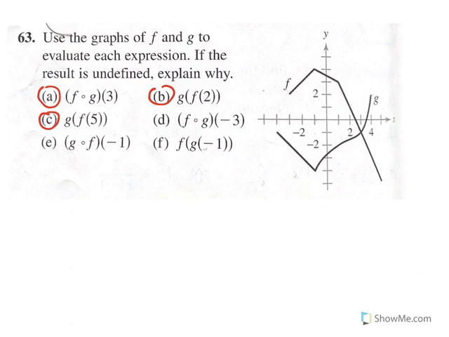For the last example for today's lesson, we'll take a look at number 63. The difference between number 63 and the problems that we've looked at already is that for the problems that we've looked at so far, algebraic rules were given for the functions f and g, or some kind of a rule. Maybe it was a trig function, but a rule was given for what f was and what g was.